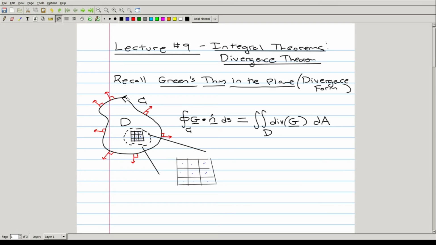And I guess I'll probably draw this a little bit nicer. I'll take a small patch of nine rectangles.